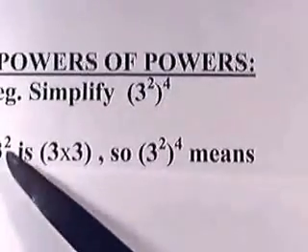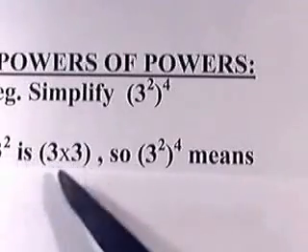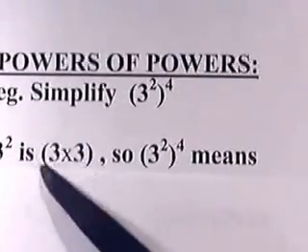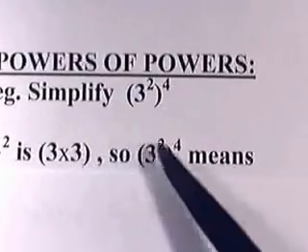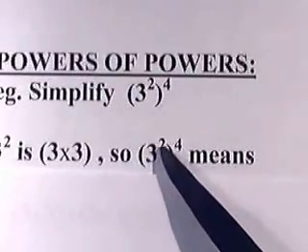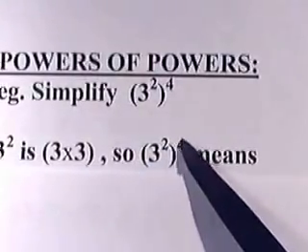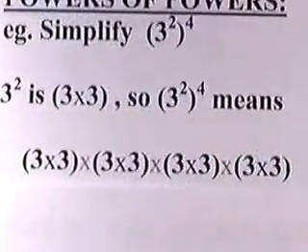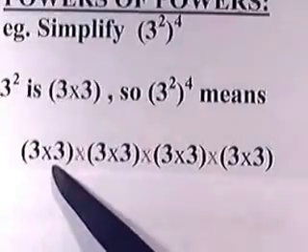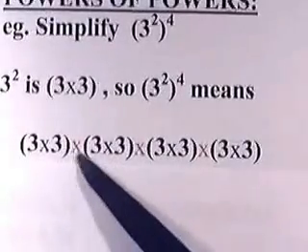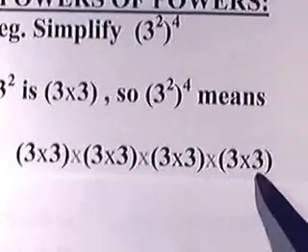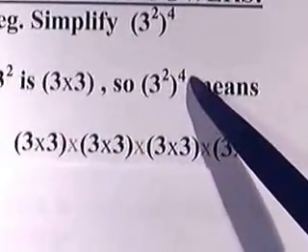Well, 3 to the power of 2 is 3 times 3. We can put a bracket in because we want to show that 3 to the power of 2 all to the power of 4 means this. It means you've got 3 times 3, 4 times. Okay?